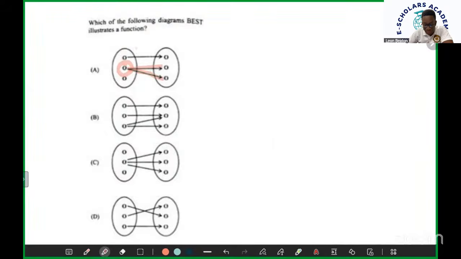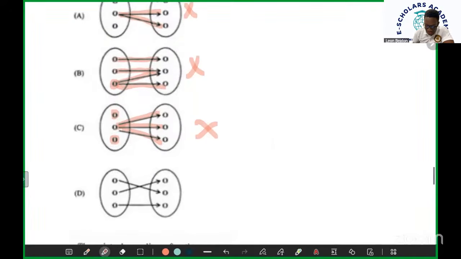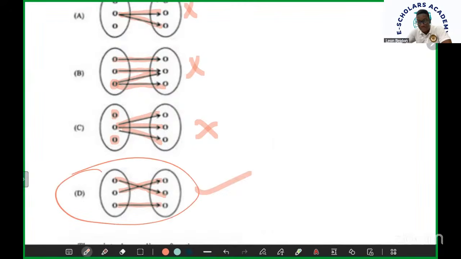So that is not a function. And it has to come from all as well. For this one, we see one arrow, but this one here has two arrows coming from it. So this is not a function. And in this one, no arrows coming from here, no arrows coming from there. Those two are out as well. We got three coming from here, so not a function. Last but not least, one arrow, one arrow, one arrow. So ding, ding, ding. D is the answer.